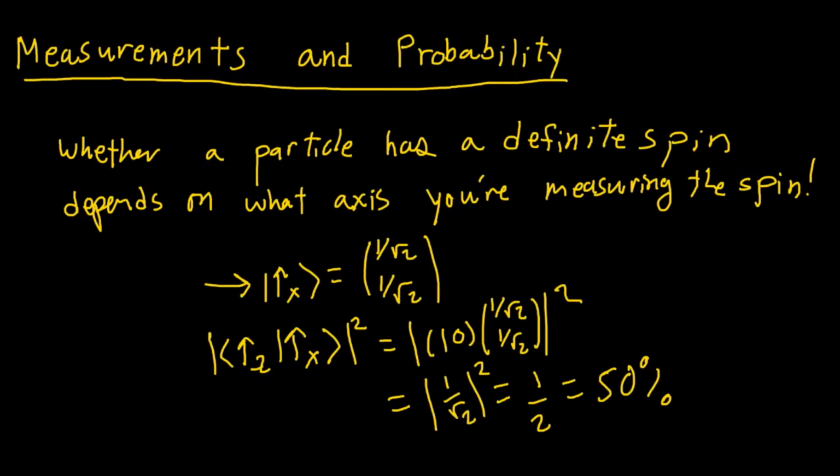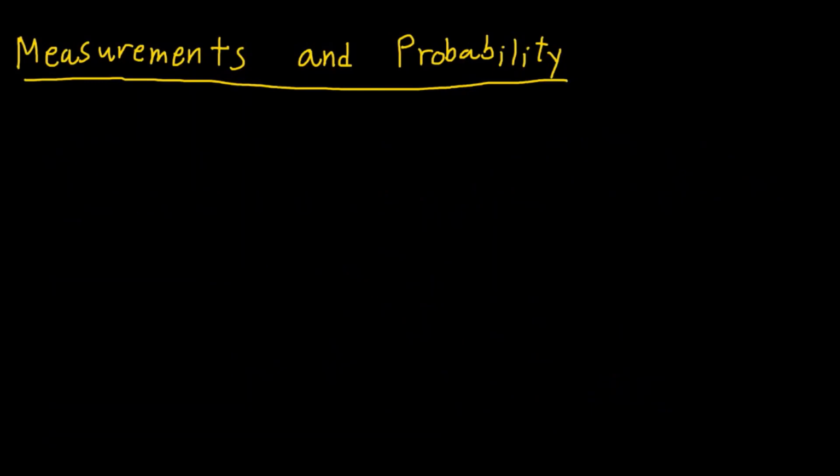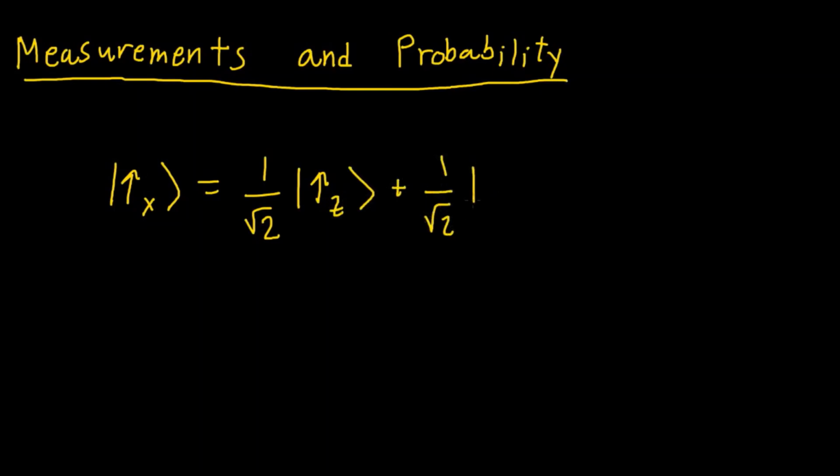This actually, I think this is a good time to give one piece of terminology. The spin up state along the x-axis can be written as follows: as 1 over root 2 times the spin up state along the z-axis plus 1 over root 2 times the spin down state along the z-axis.